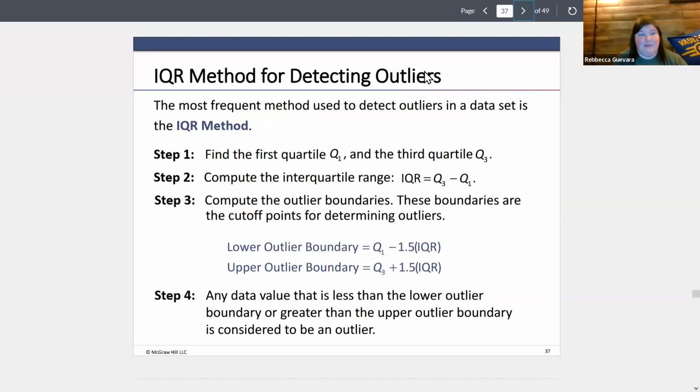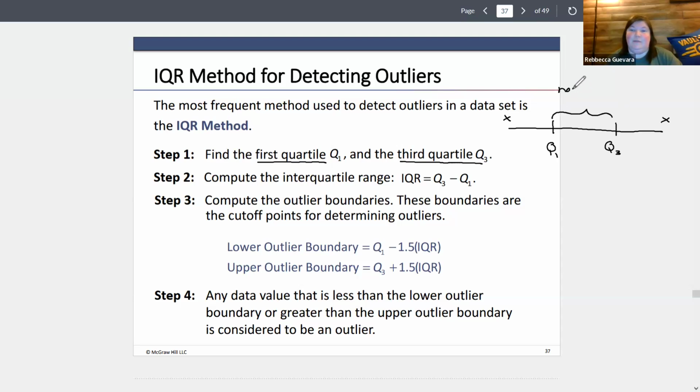Sometimes the namings of this vary a little bit, but we are going to find the first quartile and the third quartile. The rest of the data is not as important. It's just those two quartiles. So when you're looking at a data set, we want the Q1, we want the Q3. Our outliers could be out here in our data set, but we're considering this to be the normal range.